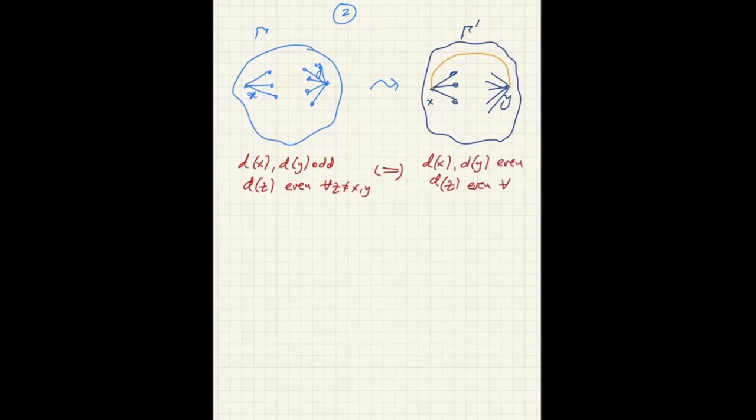Those degrees don't change. So in the graph gamma prime, we will have an Eulerian circuit, and we can arrange that Eulerian circuit such that it starts at X and it ends up at Y, and we can arrange it such that this edge that we added is only used at the end when you loop back from Y to X. And so if we remove that edge, you get an XY Eulerian trail, and so on.